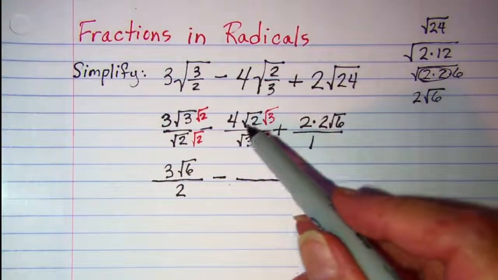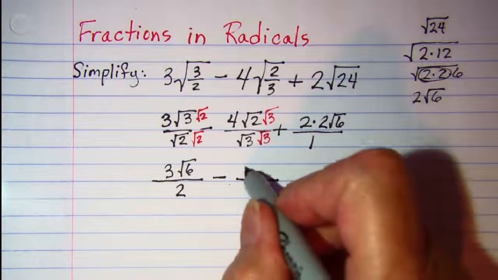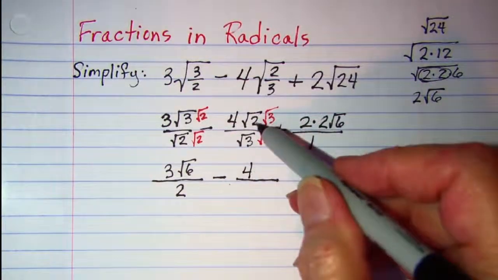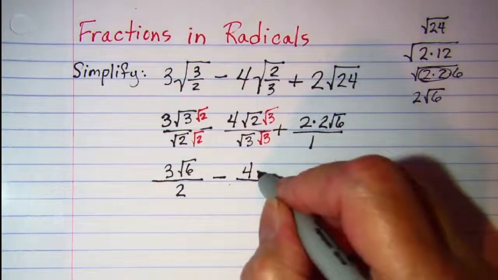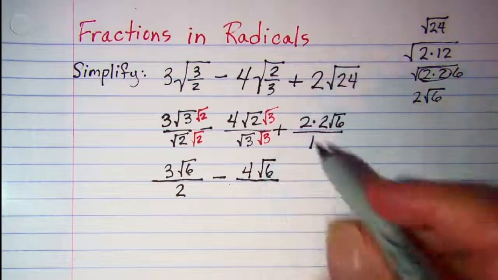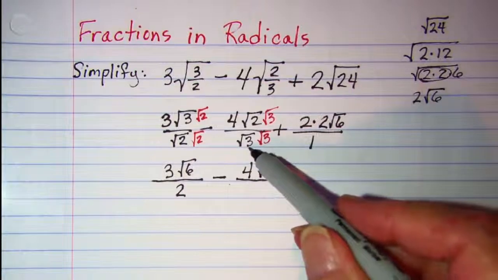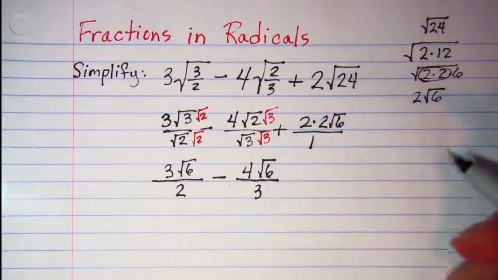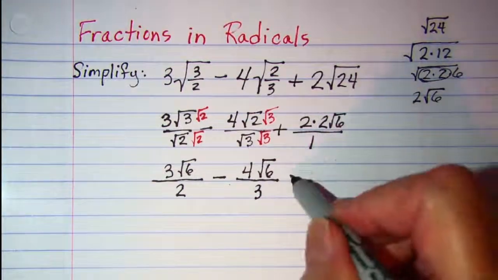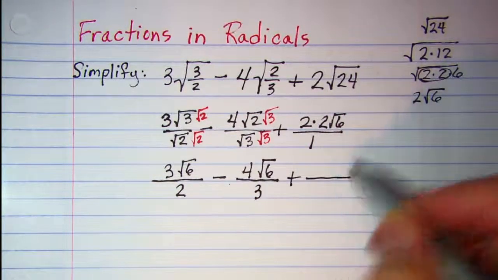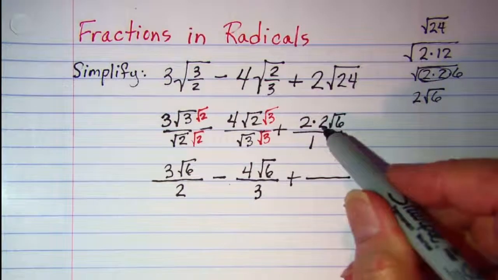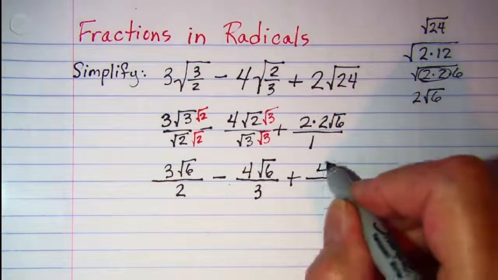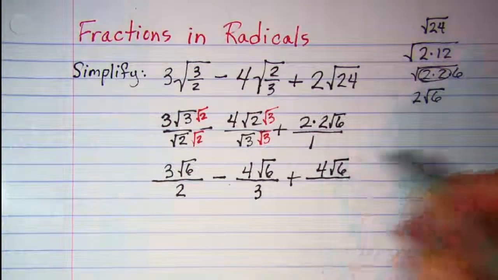On this term, I have 4, and then square root of 2 times square root of 3 is square root of 6. And then in the bottom, root 3 times root 3 is just 3. And then plus, and then for this one, I'm going to go ahead and multiply it back here, and I have 4 root 6 over 1.